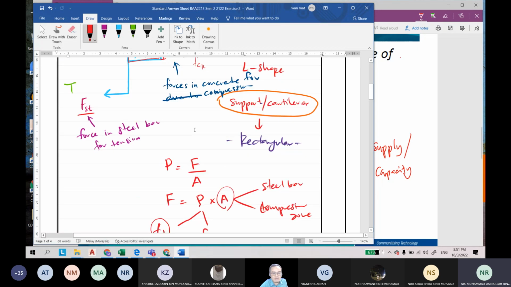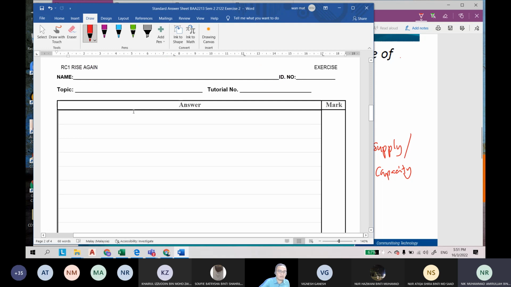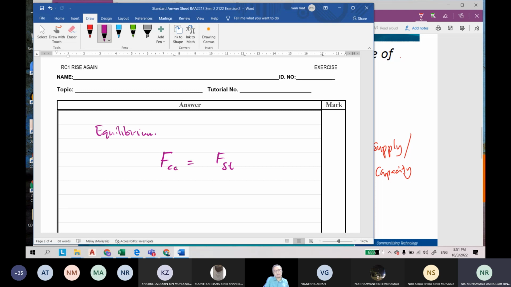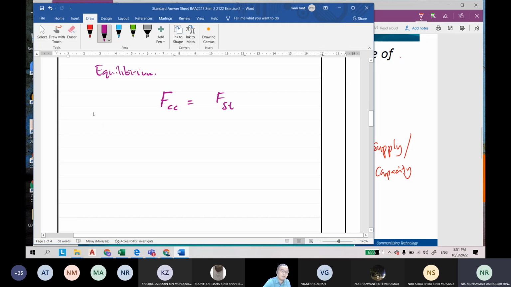Just remember that for equilibrium, the forces in concrete for compression must equal the forces in steel for tension.